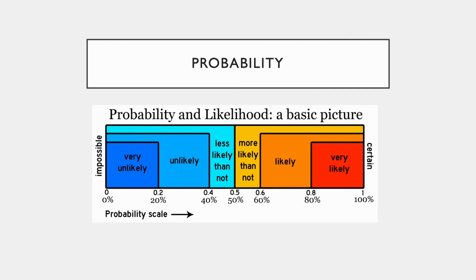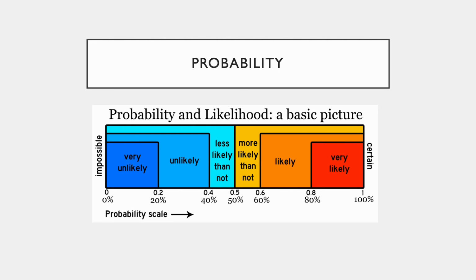Another example of when probability is used is in life insurance. Insurance companies use probability to predict life expectancy and base insurance rates on that probability. For your purposes, you need to understand that probability is never certainty.